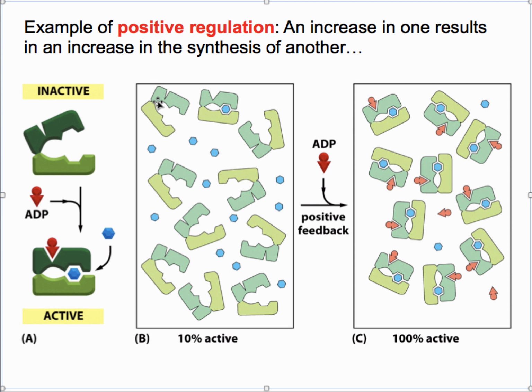Just by random molecular motion, some of these proteins would be in this configuration, whereas most of the other protein members would be in the inactive configuration.